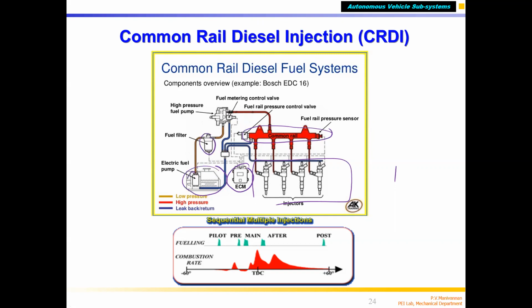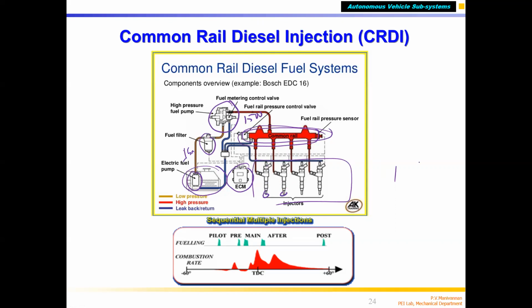This is the filter. There's a pump that sucks the fuel at 1 bar pressure, which is atmospheric, and filters the fuel. It goes to high pressure, here 1,500 bar fuel. That fuel is stored in the common rail, which, as I told you, avoids the pressure drop at the injector end. Because more fuel is stored here, you are taking less fuel for each individual injector that is connected to high pressure.